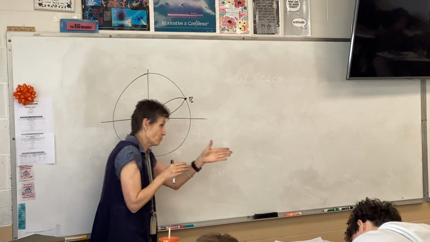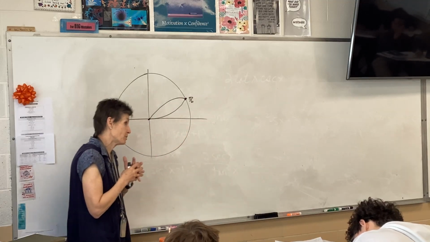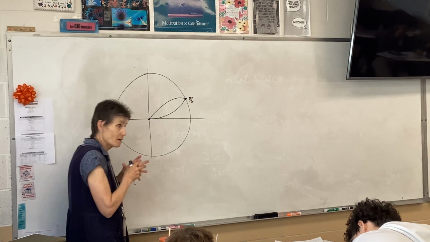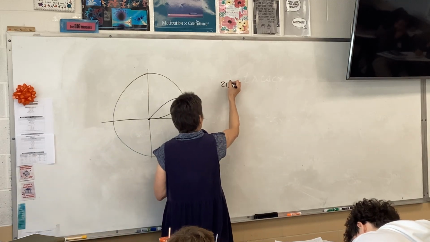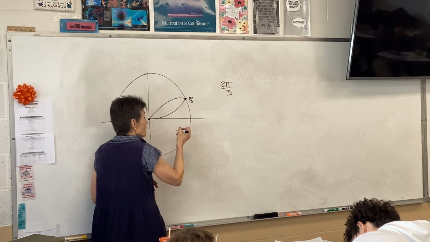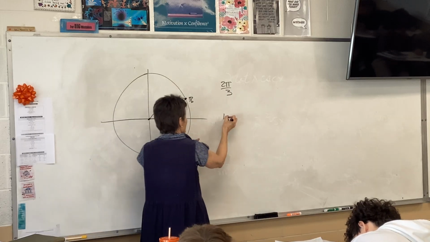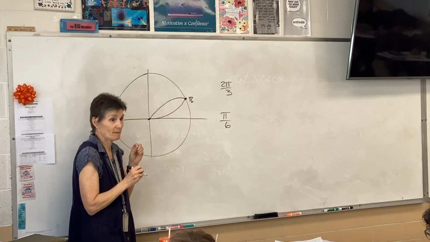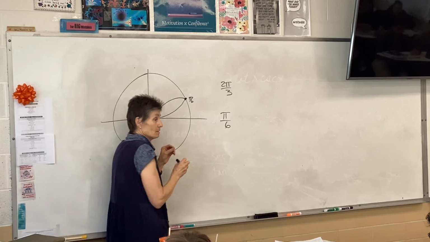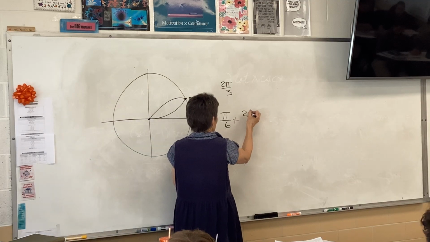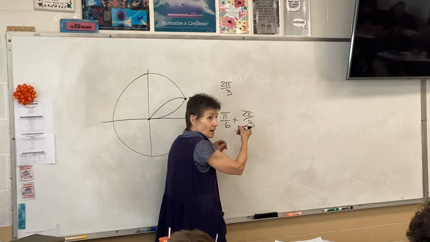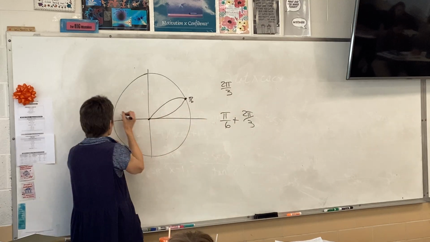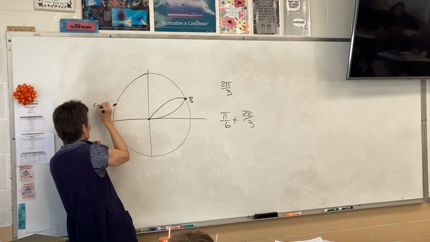If we're in radians, it would be 2 pi over 3. So they're 2 pi over 3 apart. So if the first one is at pi over 6, where is the next one going to be? 5 pi over 6. I have to add, right? Get a common denominator, 5 pi over 6. So the next one's over here at 5 pi over 6.